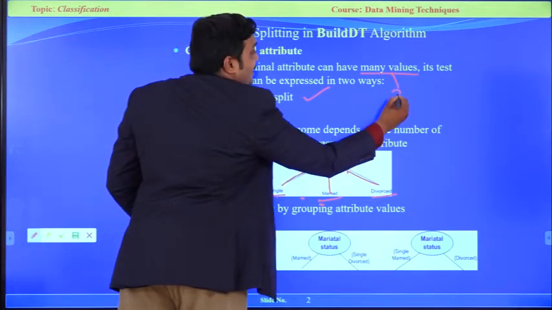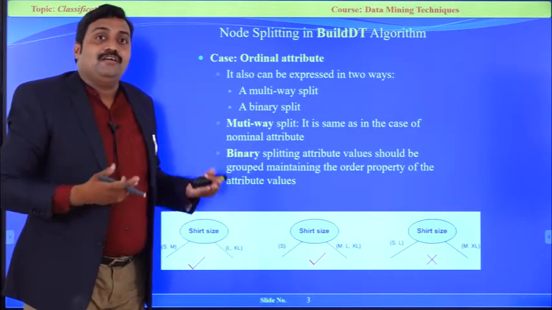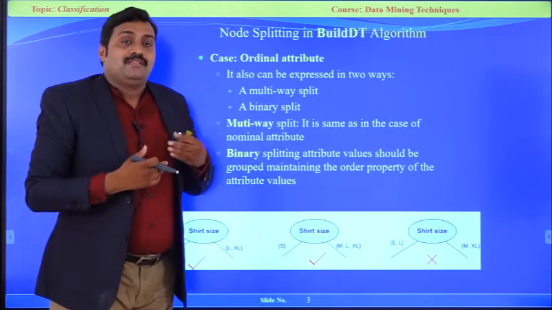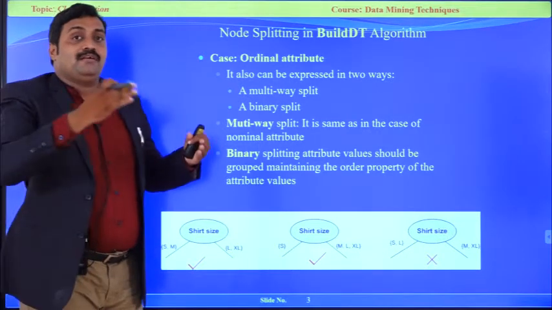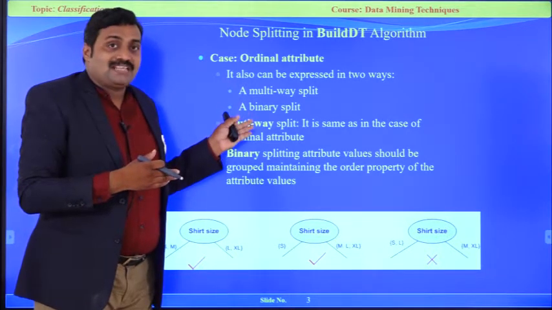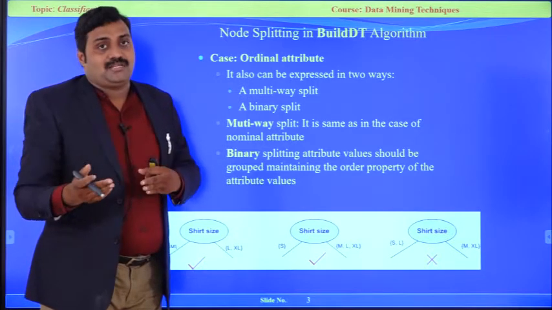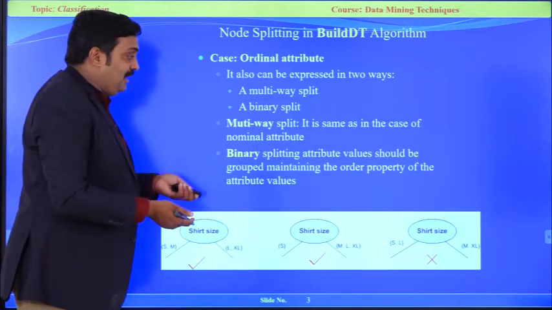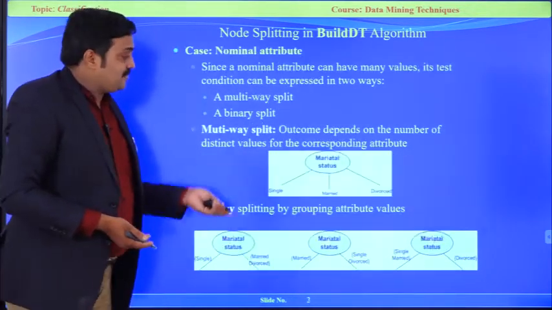Another example is shirt size, because as per my personality I need an extra-large size. For your convenience, shopping malls also place all the dresses in different stalls or racks: small, medium, large, XL. That is ordinal. In ordinal attributes also we go with multi-way or binary split as in the previous example.